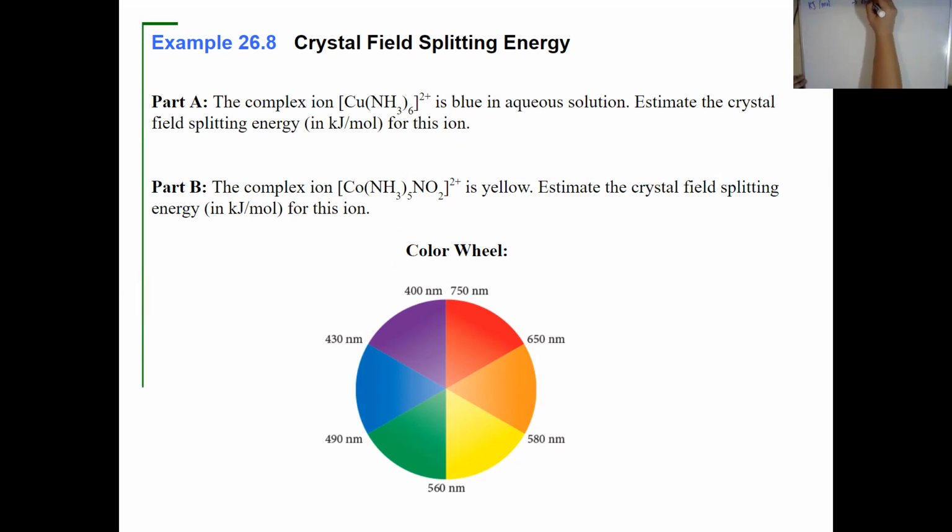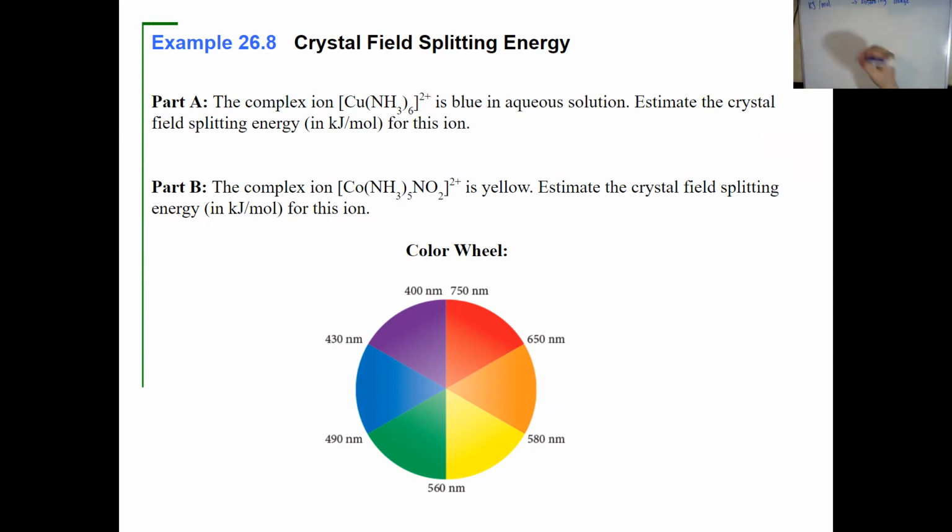And because we're estimating the crystal field splitting energy here, we can guess that the wavelength for the middle ground over here would be somewhere around, let me just take an average, 615.